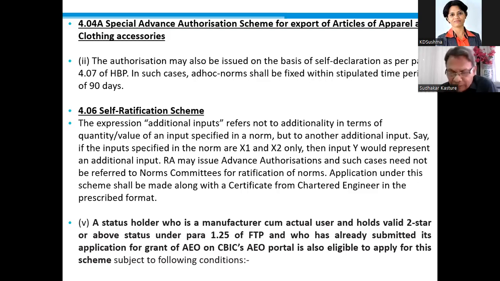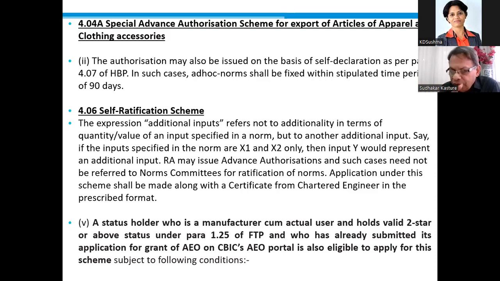What does this mean? Suppose the standard norm for your product says one material available to you, HDP, high density polyethylene, and you want to claim low density polyethylene, then it says it is an alternate item not covered in the norms, but fixation of norms for this purpose will not be referred to Delhi.